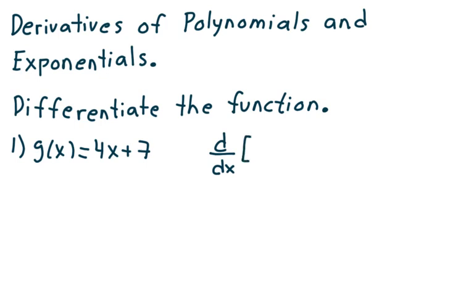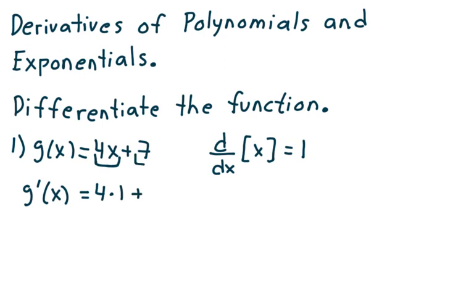Now, the derivative of x with respect to x is equal to 1. So when I look at g prime of x, I'm going to look at the derivative of 4x with respect to x. If the derivative of x with respect to x is 1, the derivative of 4 times x with respect to x is equal to 4 times 1.